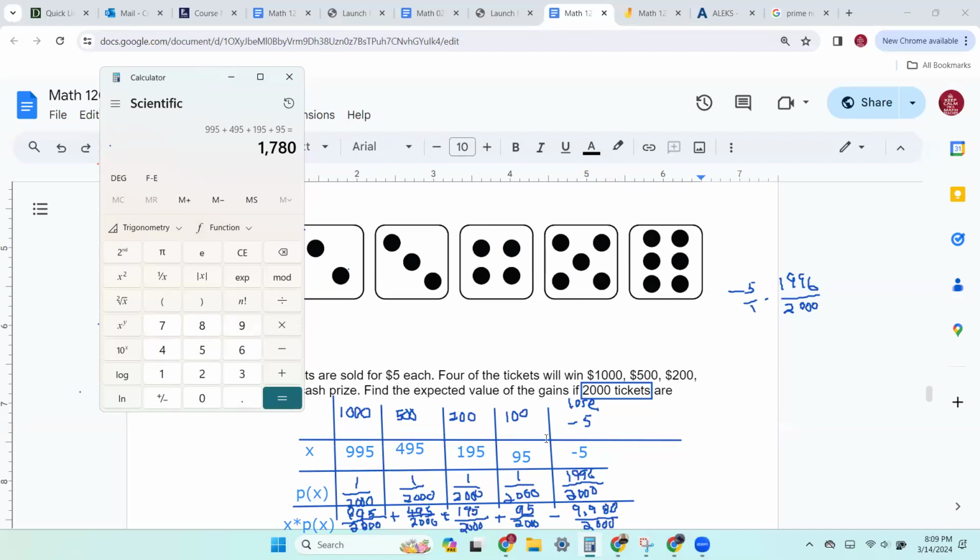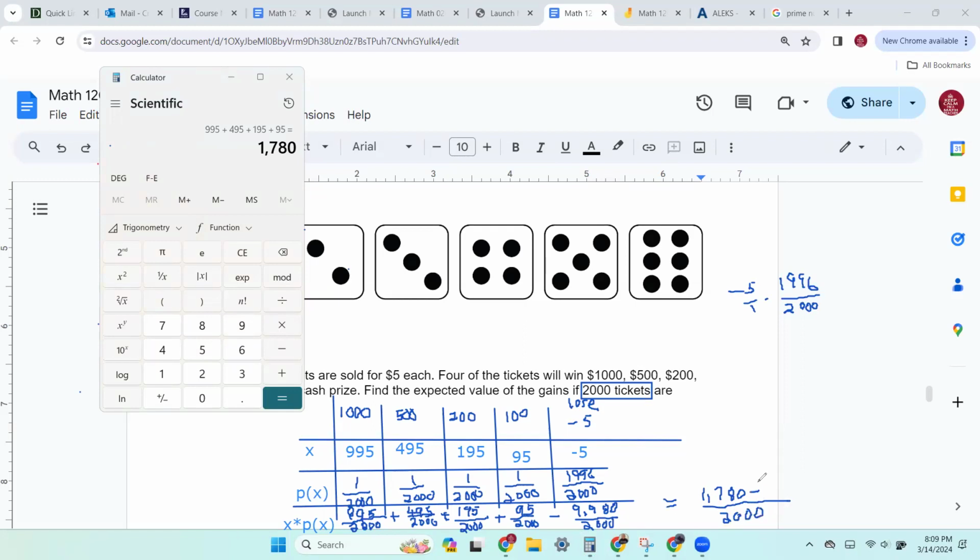So for the positive part, we got 1,780 over 2,000. So we're just going to put it all over 1 since they're all the same denominator.